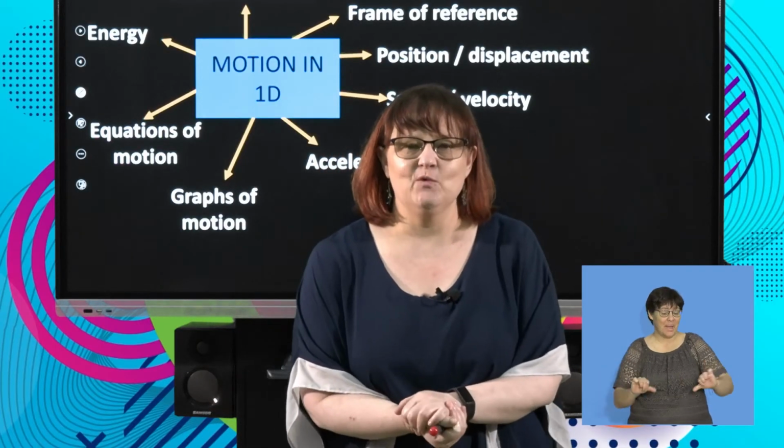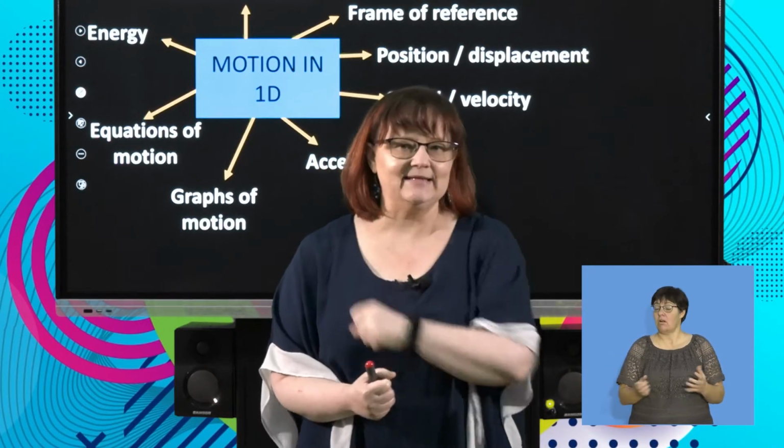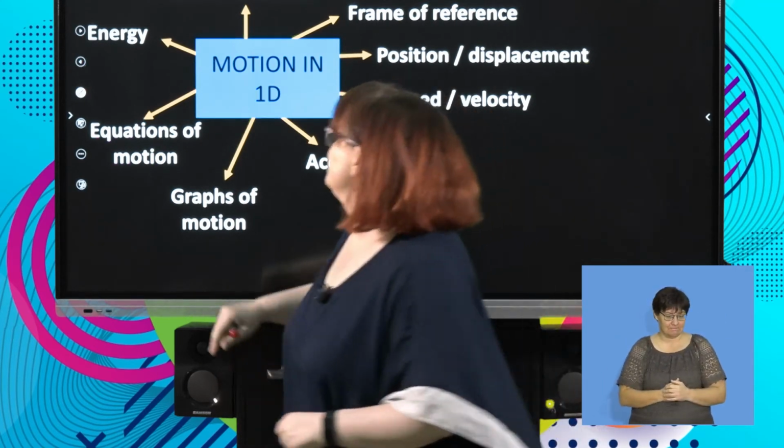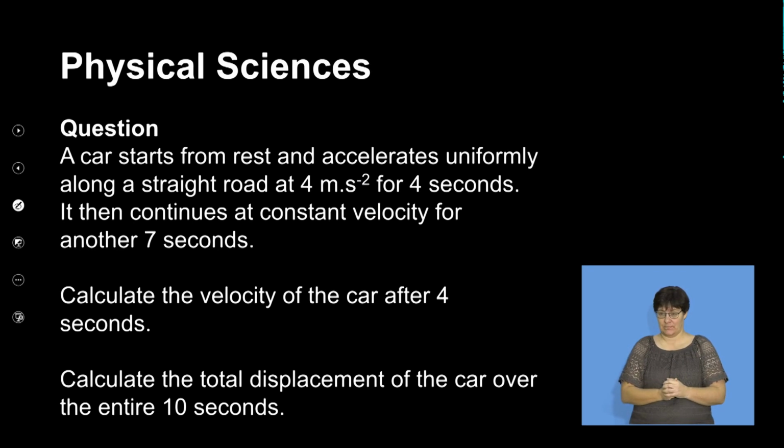Welcome back, everyone. Let's just dive right into some questions that are slightly more difficult, okay? So, here we go. A car starts from rest. Now, you can see there's a couple of things to here. We've got a car, starts from rest, so VI is 0.